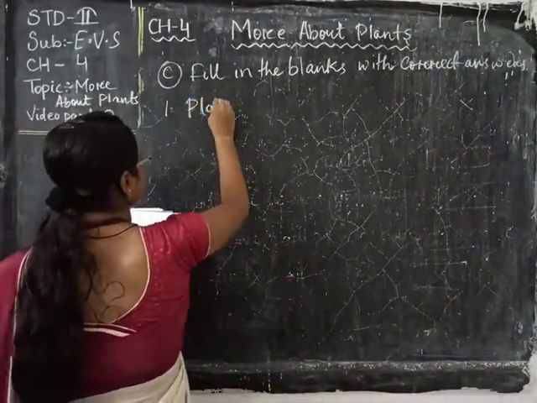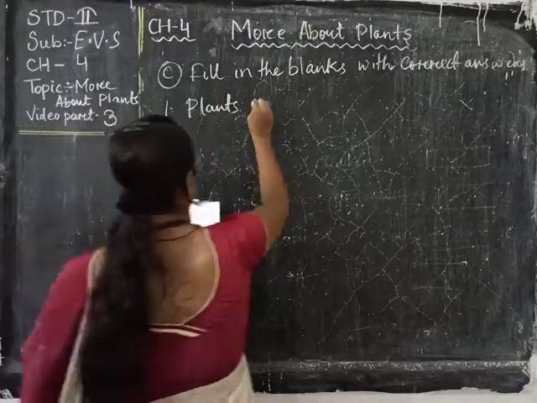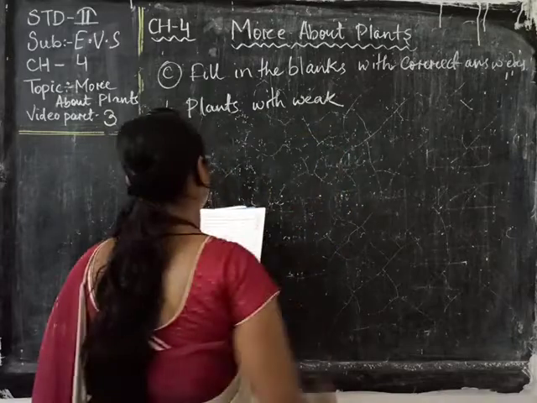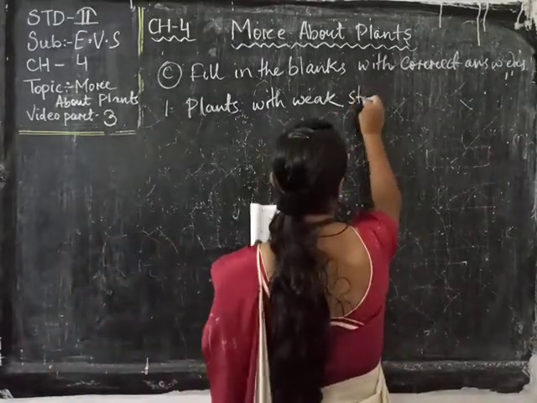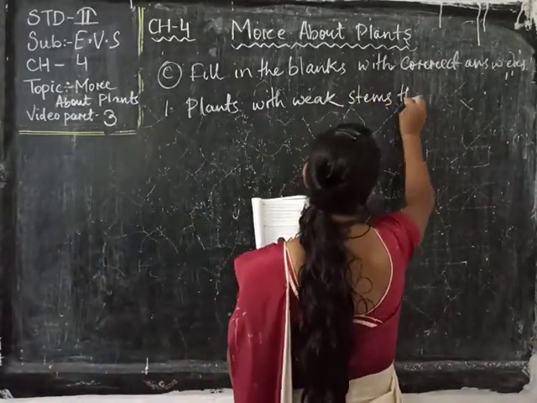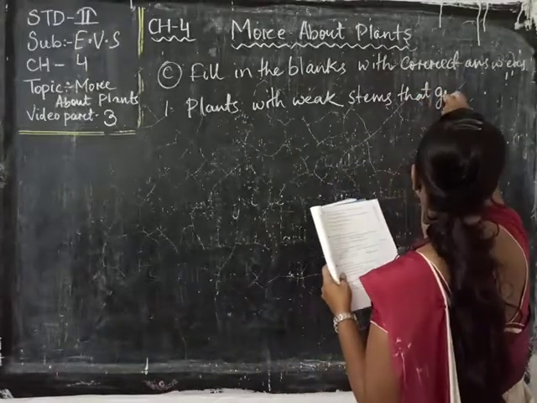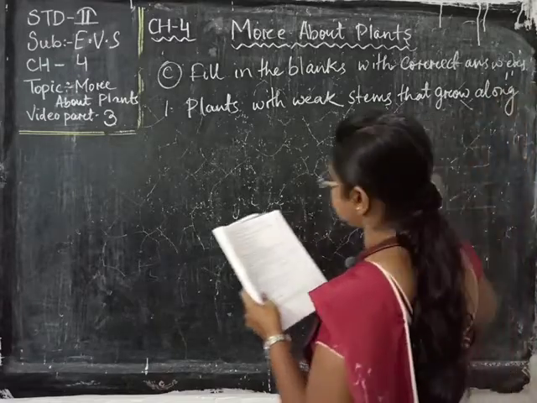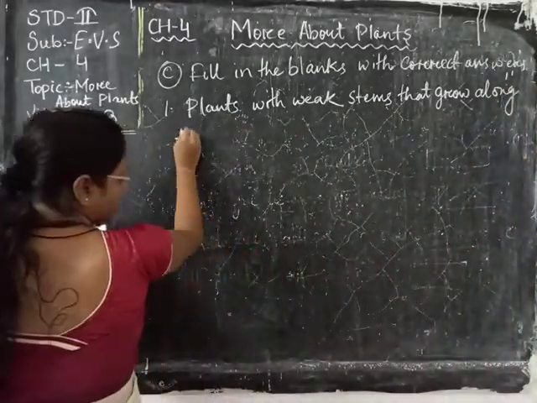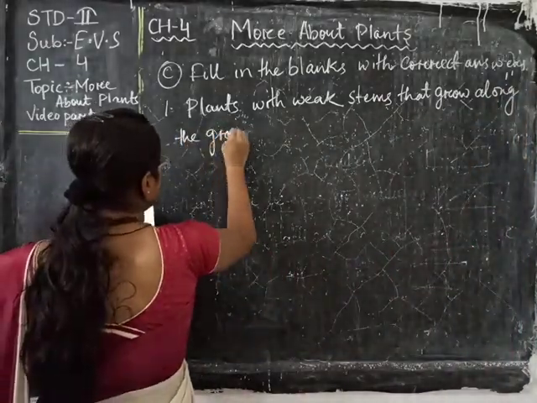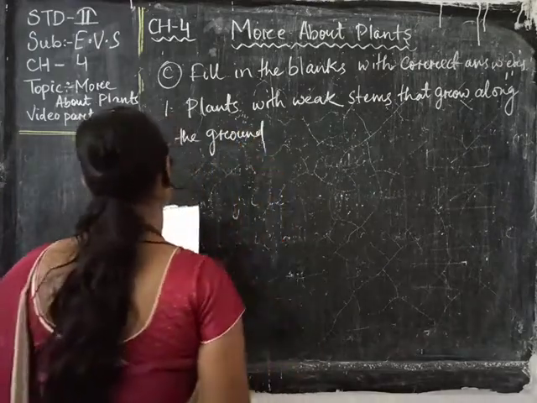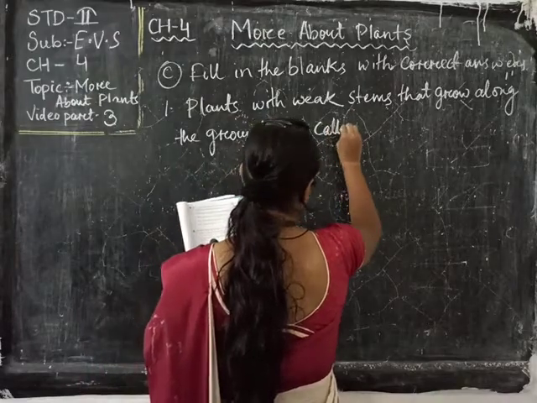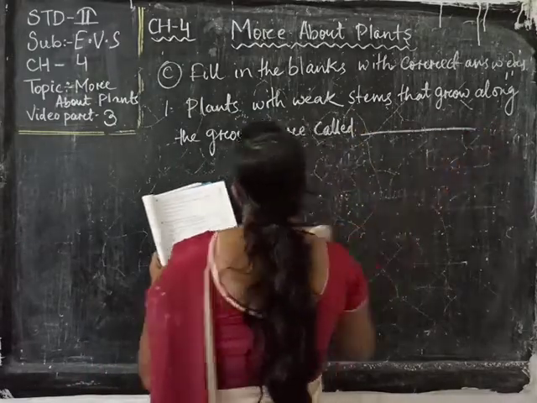Plants with weak stems that grow along the ground are called dash.